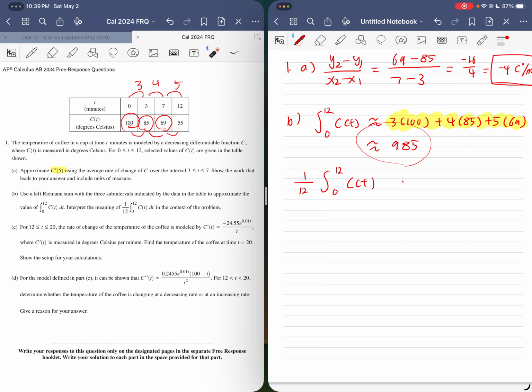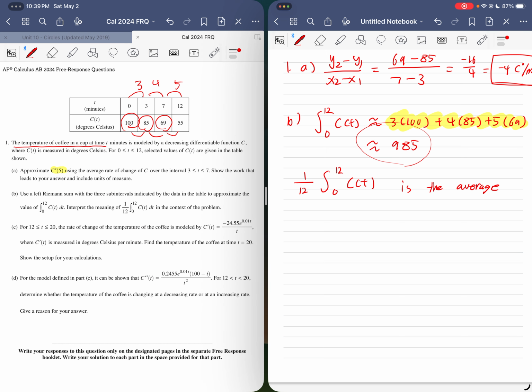This one means, as I said, it's the average temperature, right? The average value. So I'm going to just copy this one down.